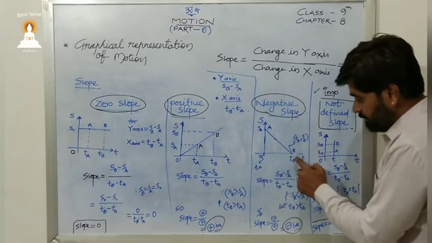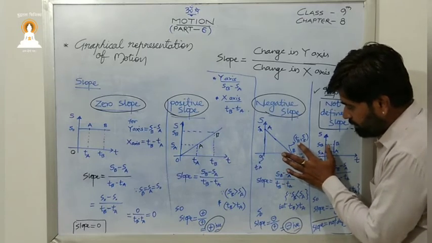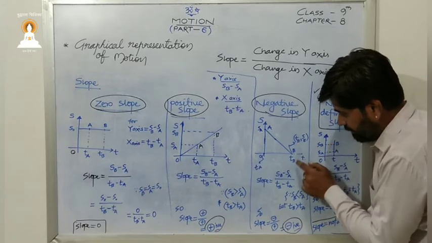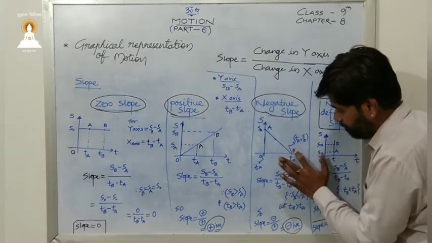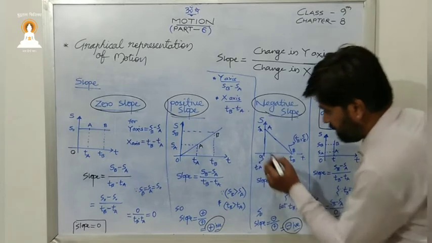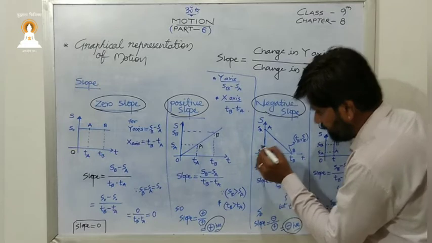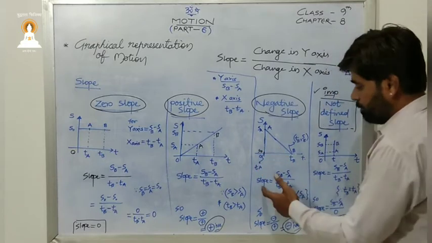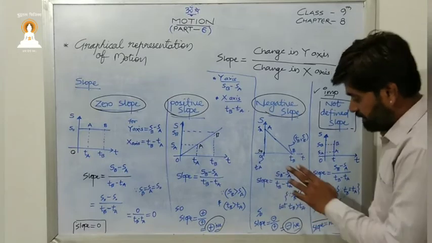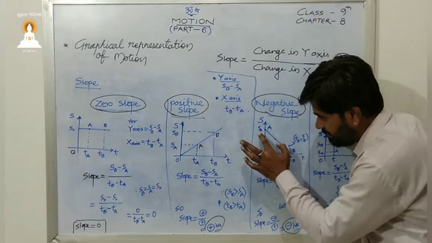Now this is B, and the coordinates of B are x-axis TB, y-axis SB. At this particular position we are having SB here, that is at the origin, that is 0. Now slope is what? SB minus SA, final minus initial. Now we see that SB is less than SA.